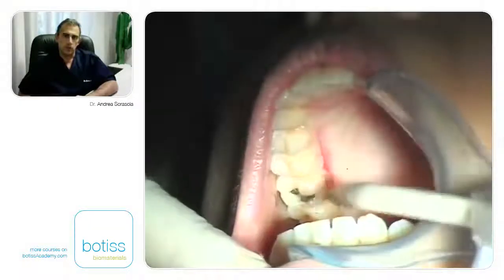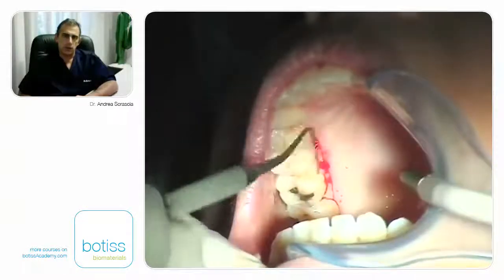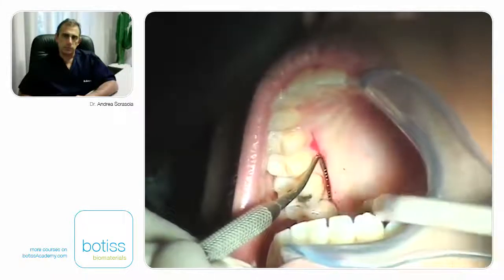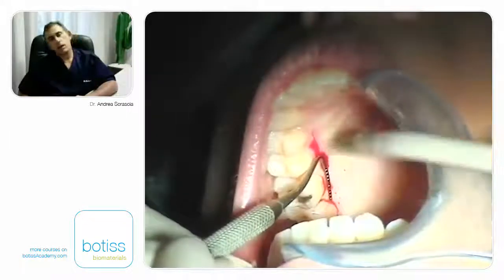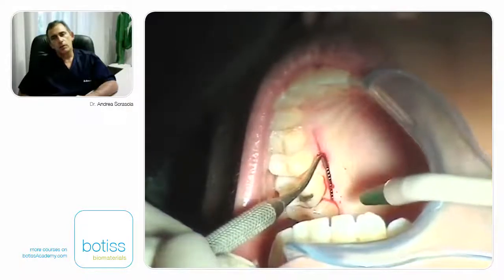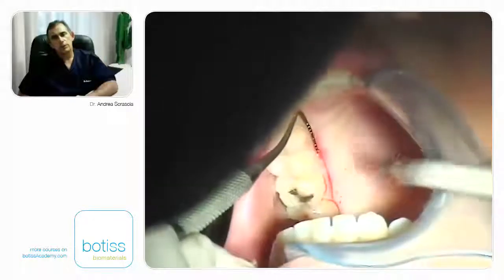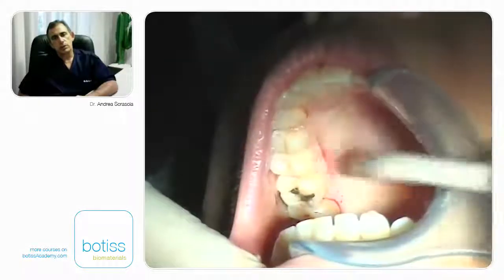This is the first linear incision. Use the probe to observe, to calculate our tissue, in this case we need.